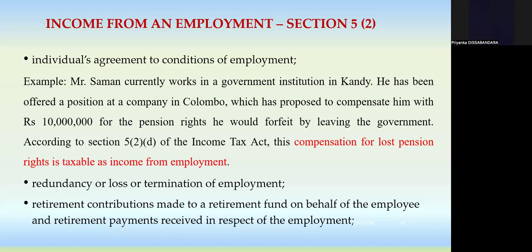He currently works in a government institution in Kandy. That means he is currently working in an institution, either government or a private company. He has been offered a position at a company in Colombo. That means he is working in one place, but from another place, they request.